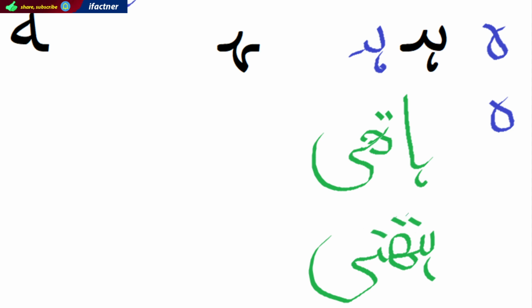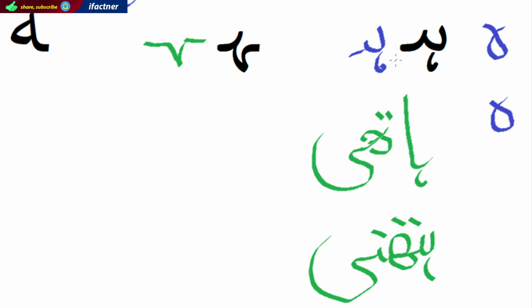Now, you will notice that when this Hey appears in the middle of the word, then we write it very differently from its independent position and from its initial position shapes. So, when it appears in the middle of the word, then we add a connector, then write Hey like this, and then add another connector.